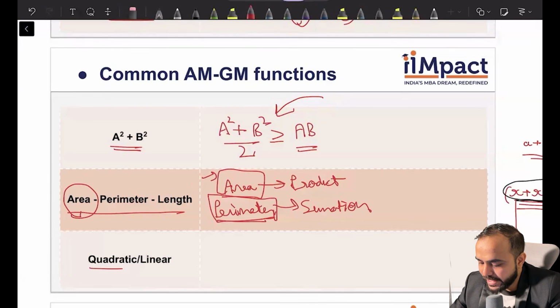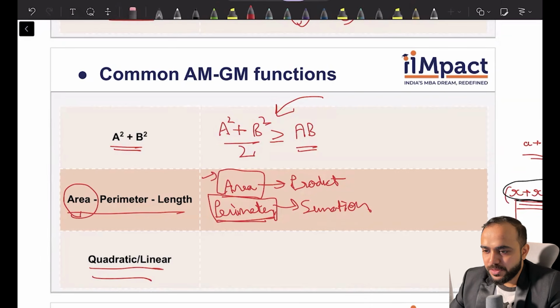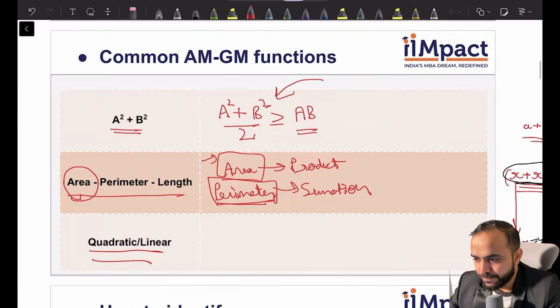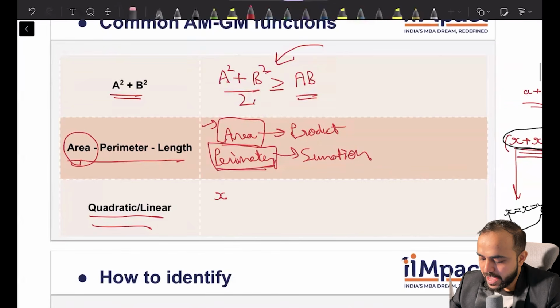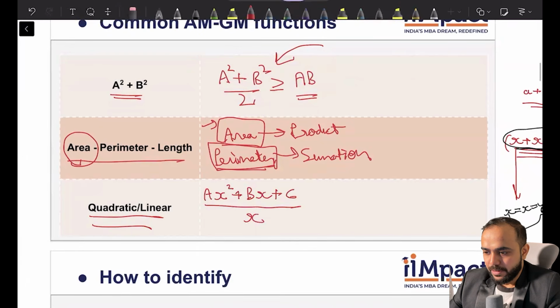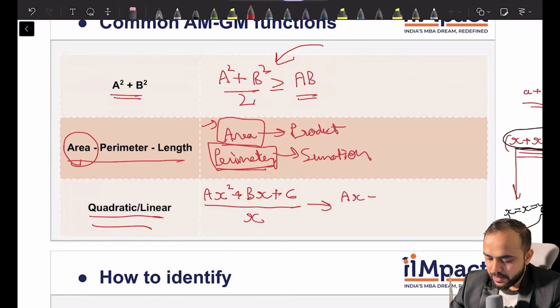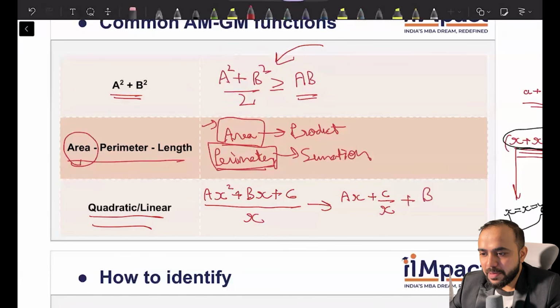All right. Finally, this is quadratic by linear. And this is the most difficult to observe. Think of it like this. Let's say I get ax square plus bx plus c divided by x. Do you see that this is actually ax plus c by x plus b if I divide by x?